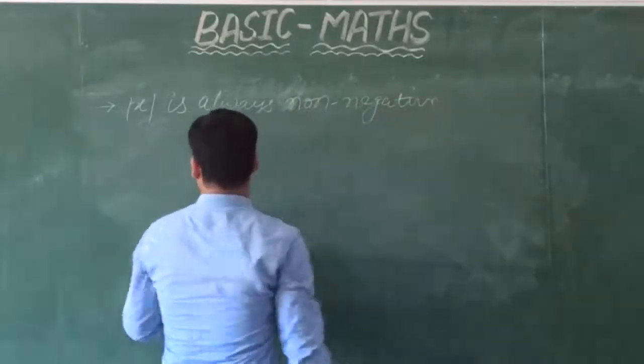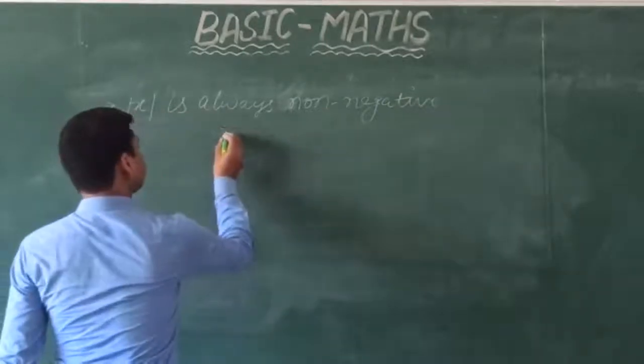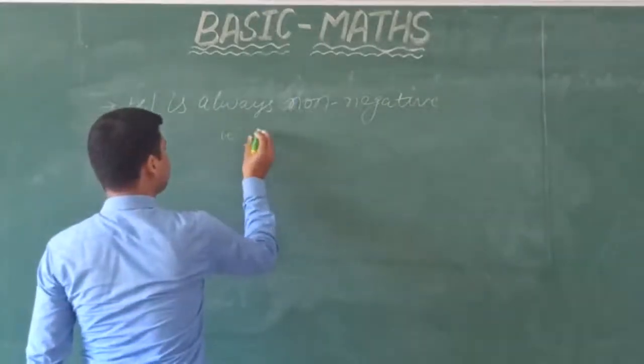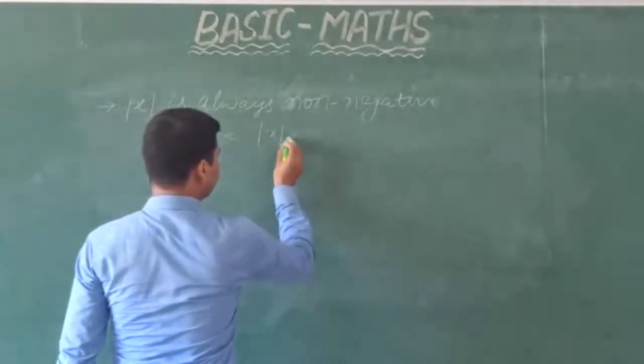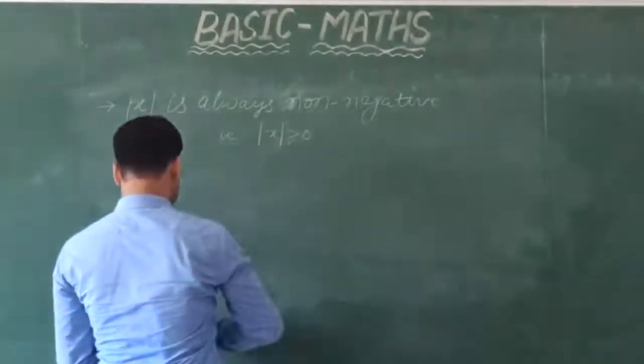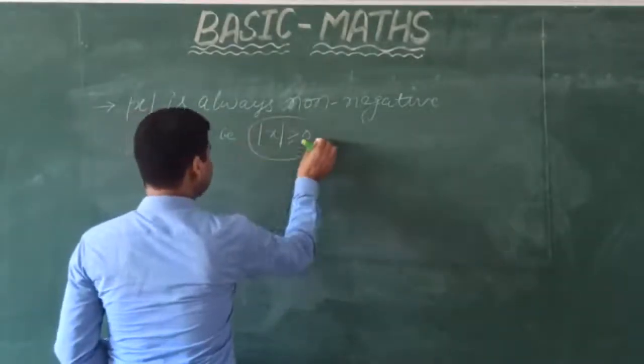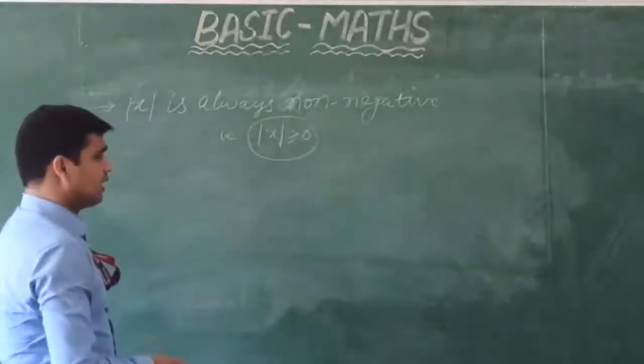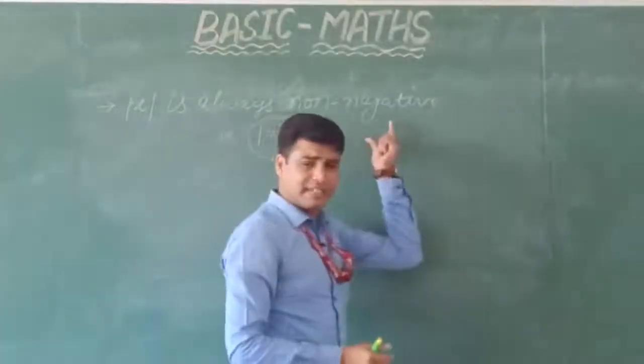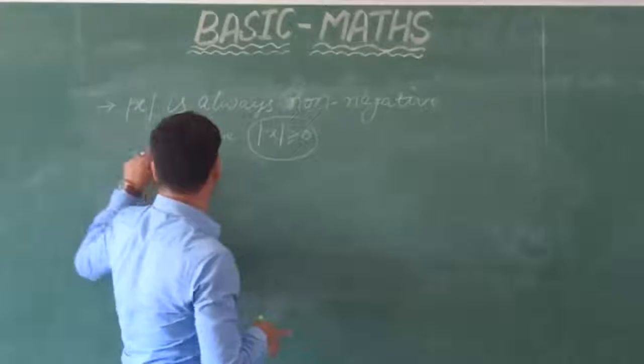See this here, mod of x is greater than or equal to 0. Simple. This modulus of x is also non-negative. I have already explained that non-negative means greater than or equal to 0.